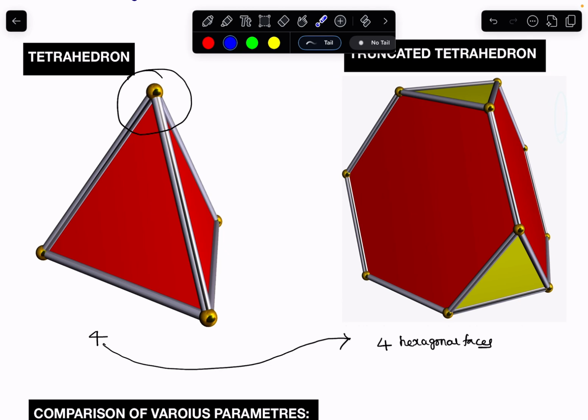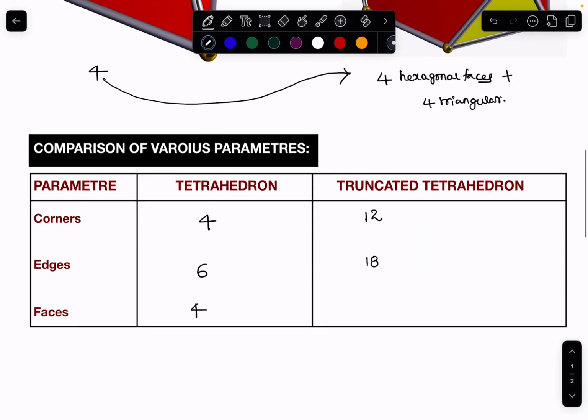Each corner of the regular tetrahedron is going to have one triangular face. Therefore, 4 hexagonal faces plus 4 triangular faces. As a result, the number of faces will be 8.